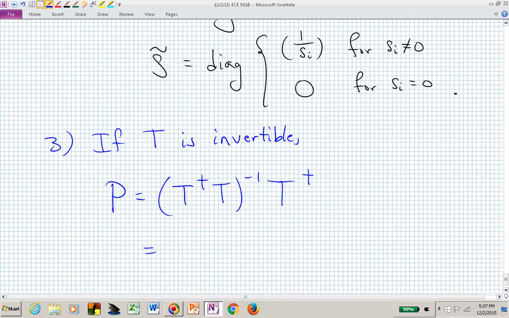Well, then T dagger will also be invertible, and if we have a product inverted, how do we write its inverse? How do we write the inverse of a product of operators? We just reverse their order and invert those matrices or operators. So in this case, we would have T inverse times T dagger inverse times T dagger.